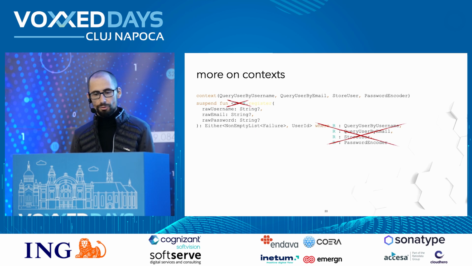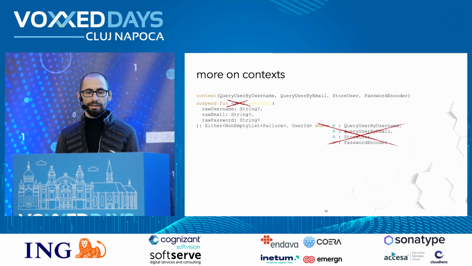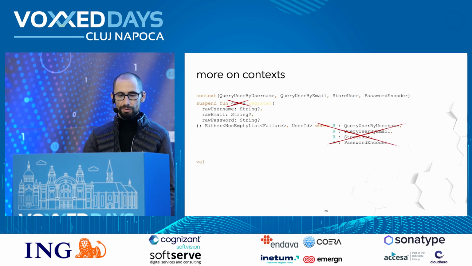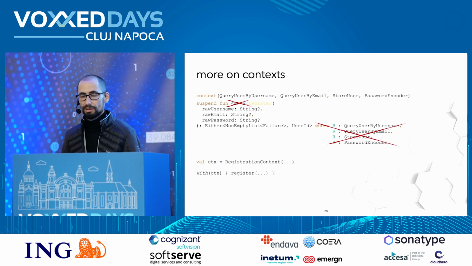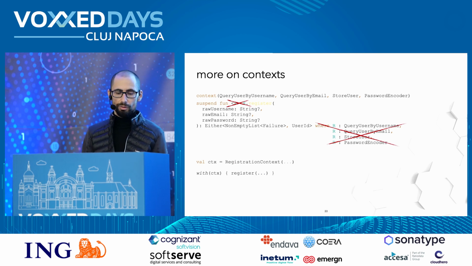If you look at this, you can read it like this: in the context of X, Y, Z, I can invoke this function. And this is the only thing that changes, because we're still going to use delegation, we're still going to use the scope functions to be able to call any functions that are part of our context.